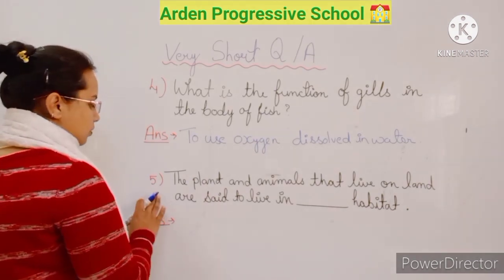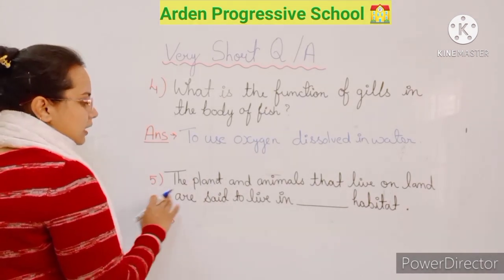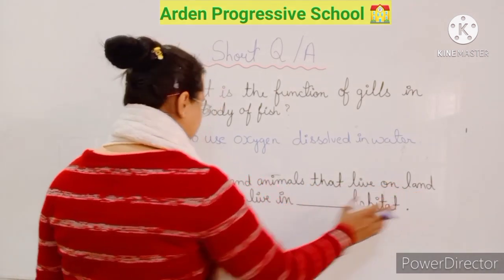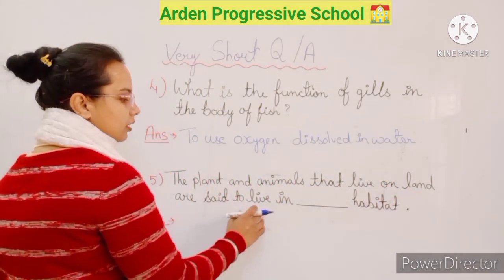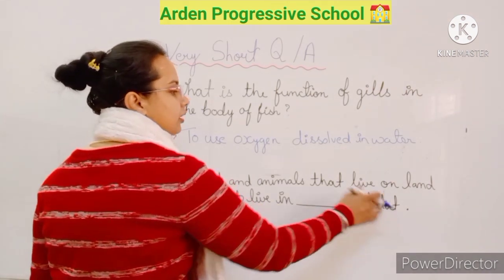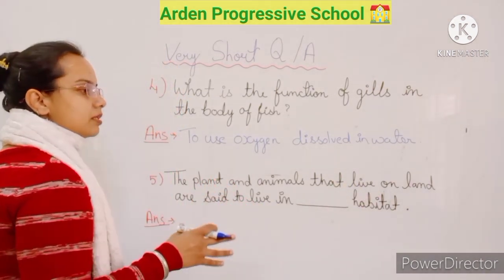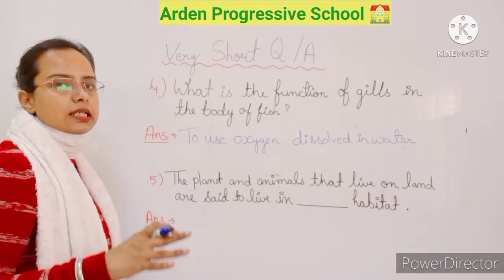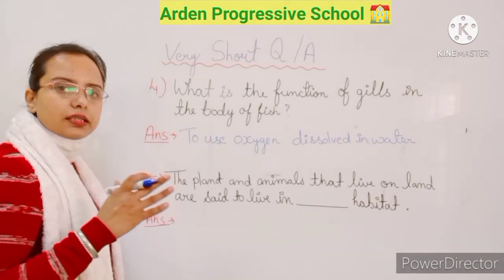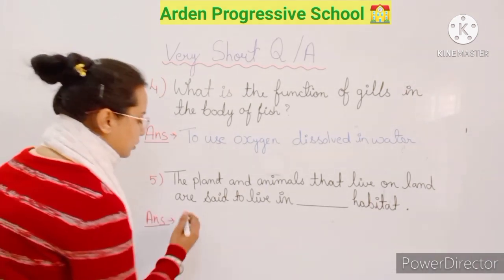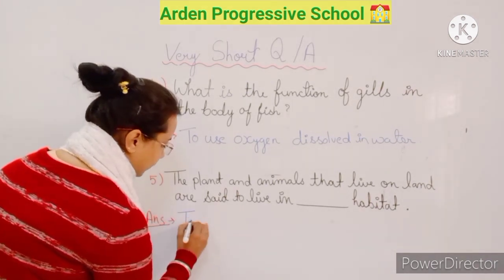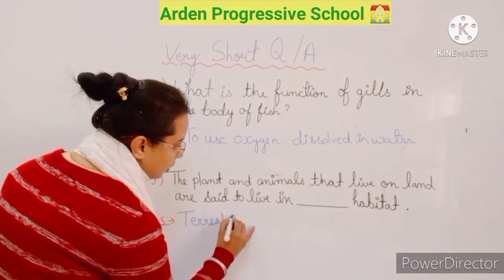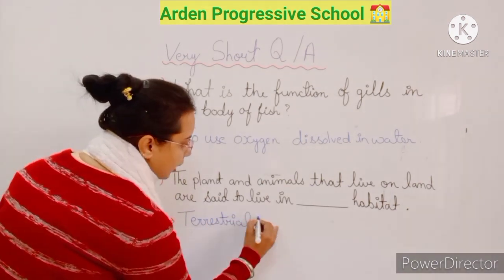Next question is the plants and animals that live on land are said to live in dash habitat. So the plants and animals that live on land, what type of habitat is that? That is the terrestrial habitat.